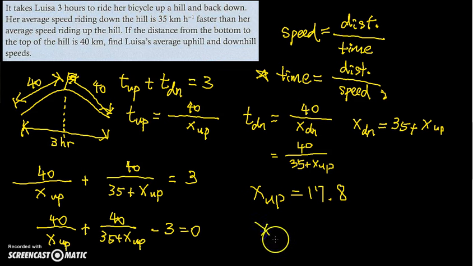Then my downhill speed is 17.8 plus 35, which gives us 52.8. Okay? I hope this was helpful, and I'll see you guys in class.